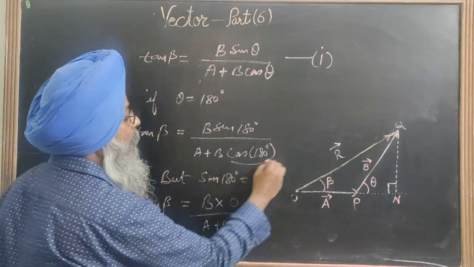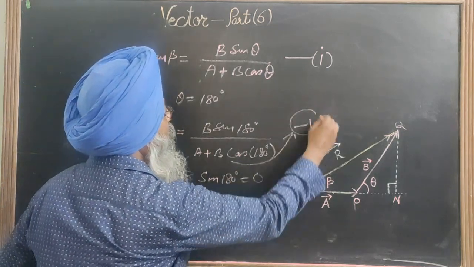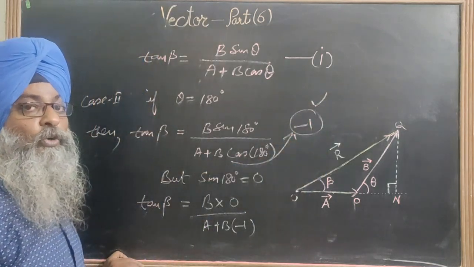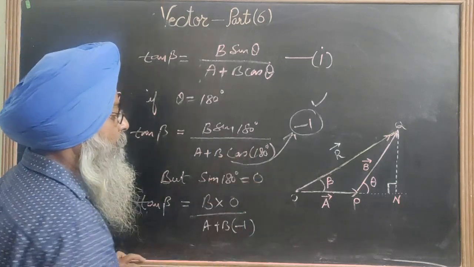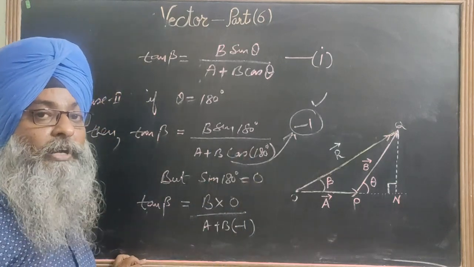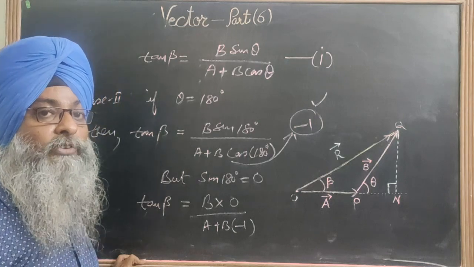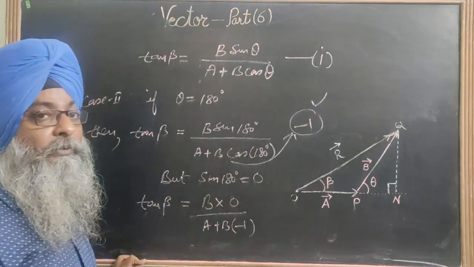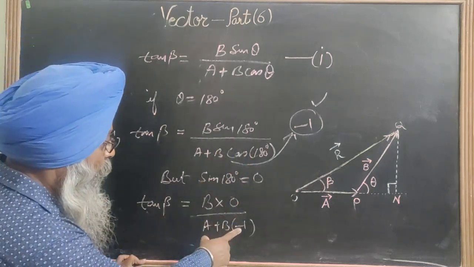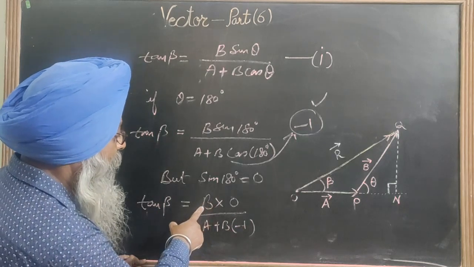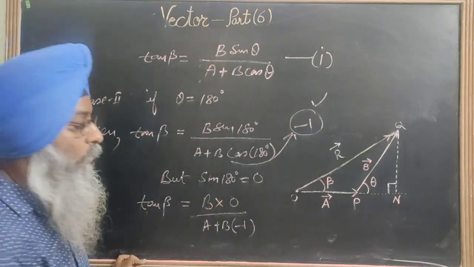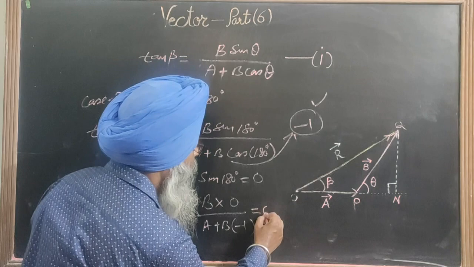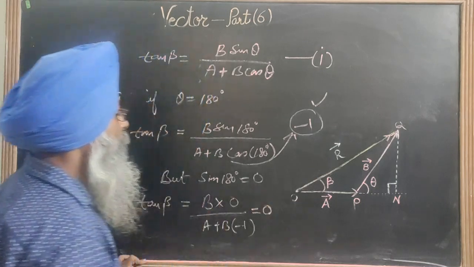Cos 180 value is minus 1. You must always remember this. Cos 180 is equal to minus 1. This value will be used in many numericals. Now it will become minus, but when B is multiplied by 0, the whole result will come out to be 0.